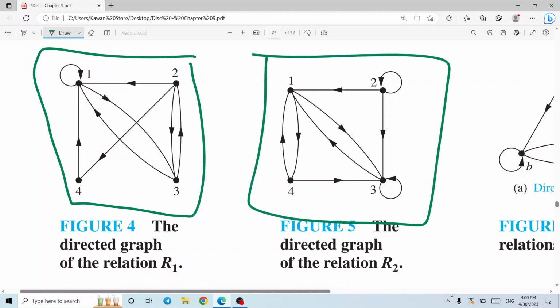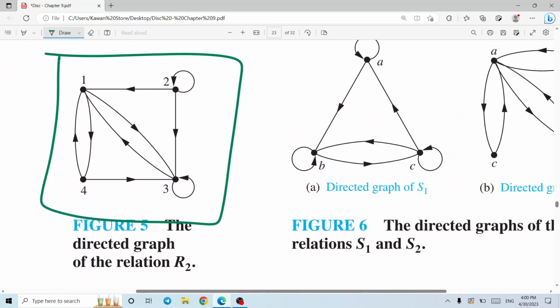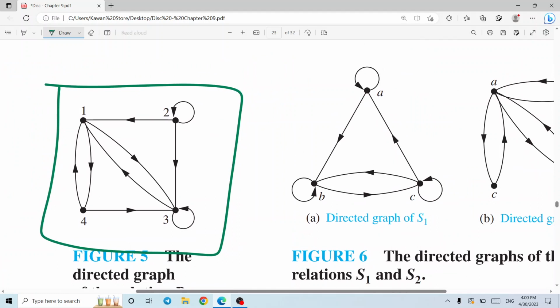Or if you have that one, can you tell me about the relation? Tell me, is this figure A reflexive or not? Yes, because each one connects with itself. So I have B, B, C, C, like that.